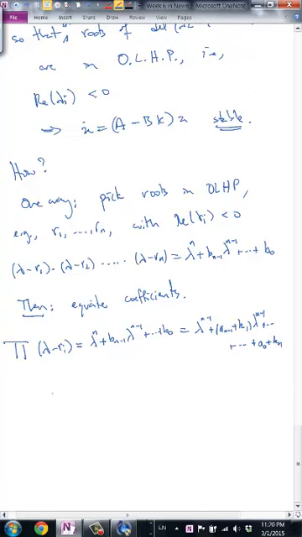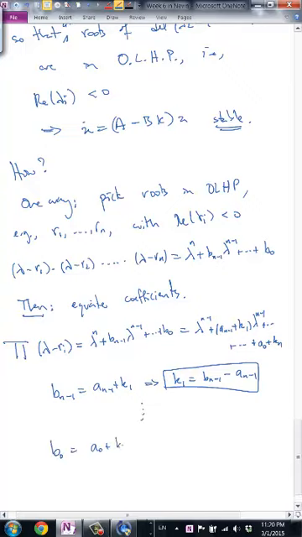Equating the coefficients means b_{n-1} is equal to a_{n-1} plus k1, which means that k1 is equal to b_{n-1} minus a_{n-1}, and all the way down to b_0 equal to a_0 plus kn, which means that kn is equal to b_0 minus a_0.